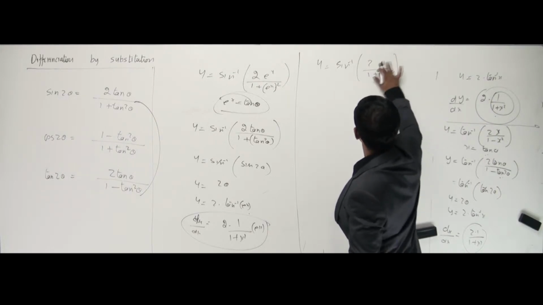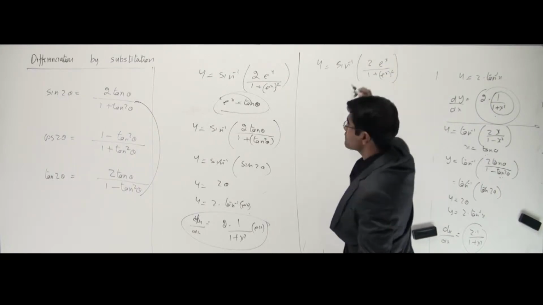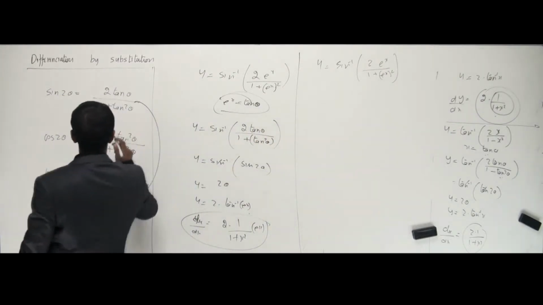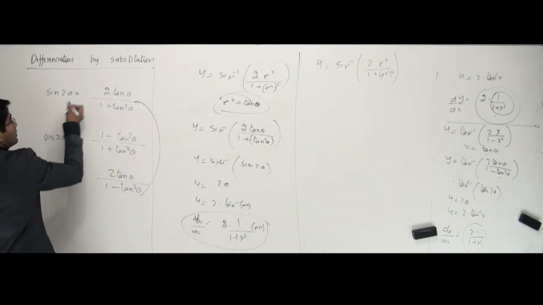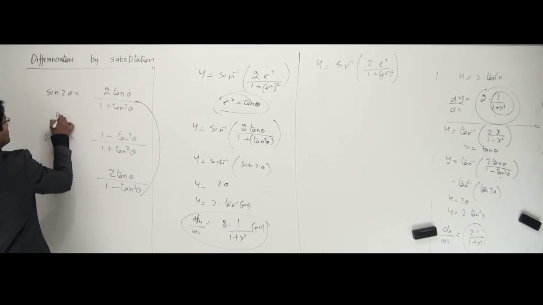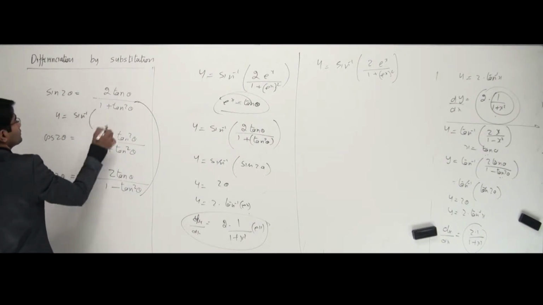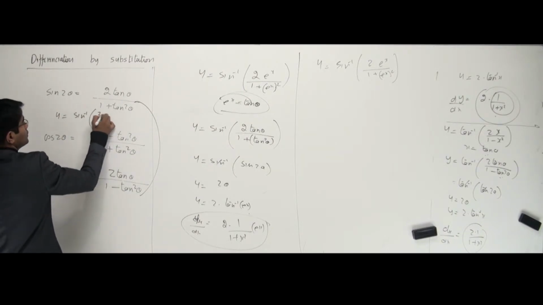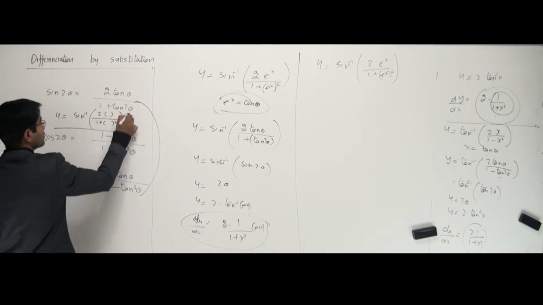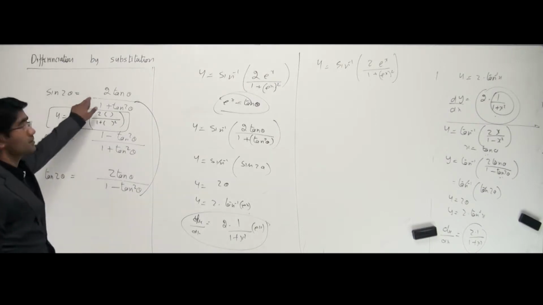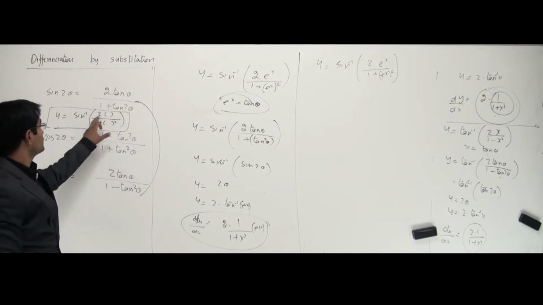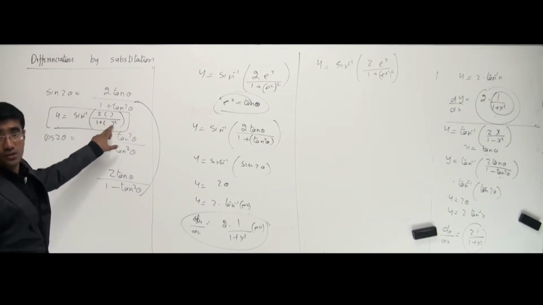If this guy is looking like my standard formula here, let me write a standard formula here. Just write like y is equal to sine inverse of, let me write as 2 into function by 1 plus a function whole squared. This is the standard formula I am making from this formula, right? So it looks like that, 2 into some function by 1 plus some function whole square.